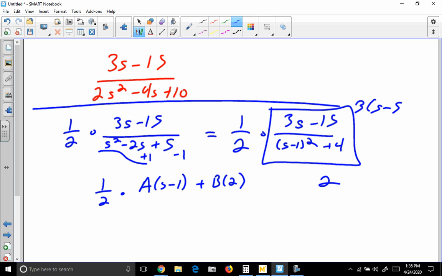Because if we have a b over s squared plus b squared, we know what that goes into. If we have an s minus 1 on top, we know what that goes into. We have a formula for that particular inverse Laplace. So we want to see, can we write this fraction in terms of so many s minus 1s and so many 2s?